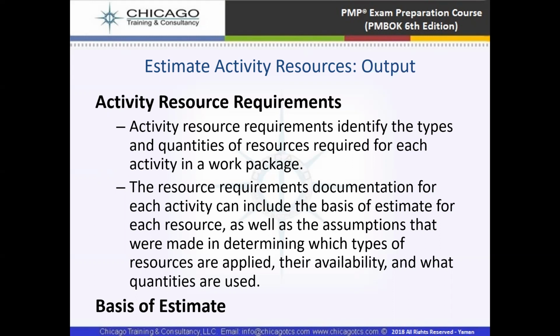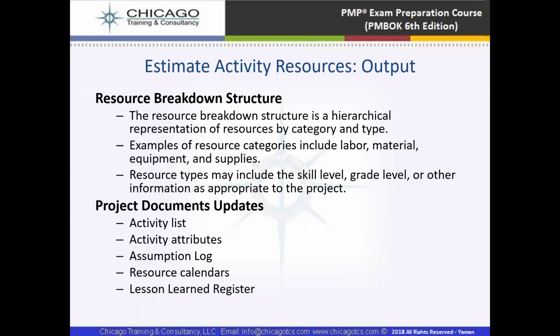The resource requirements also have documentation for each activity, which includes the basis of estimate for each resource, as well as the assumptions made in determining which type of resource is applied, its availability, and what quantities are used. And we have the basis of estimate as an output, which is the basis of our estimate to calculate the activity resources.